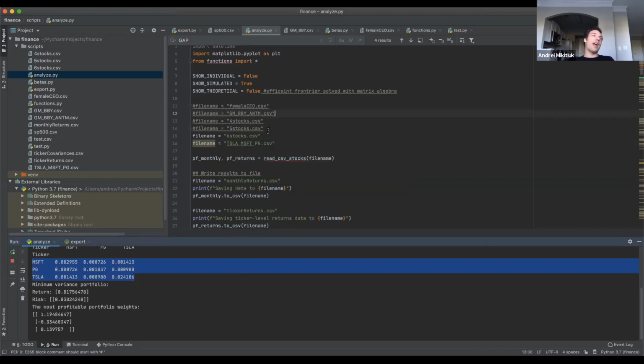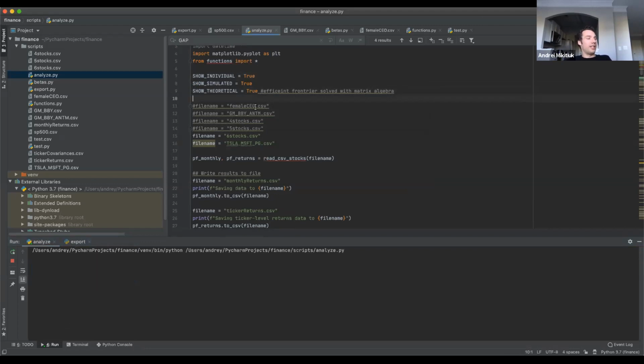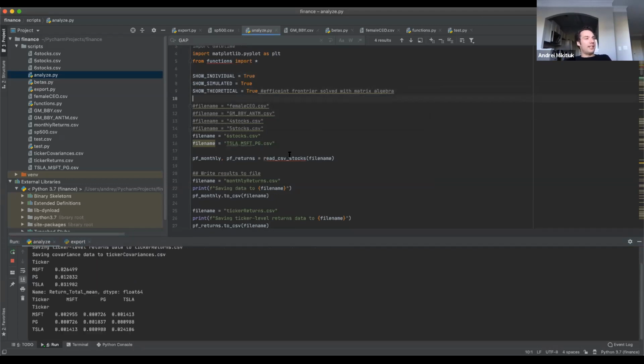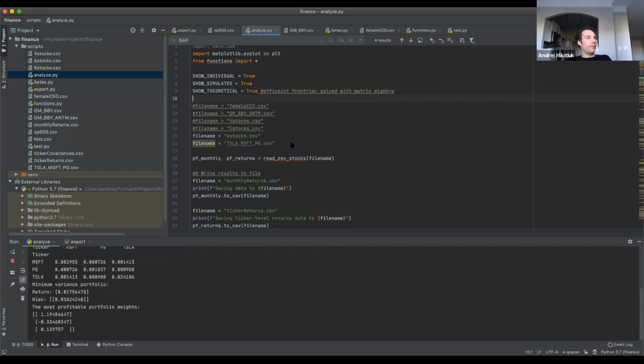You actually can calculate the efficient frontier with some nice linear algebra, without any simulations. But the problem with this whole theoretical model is that, and you will see it now.